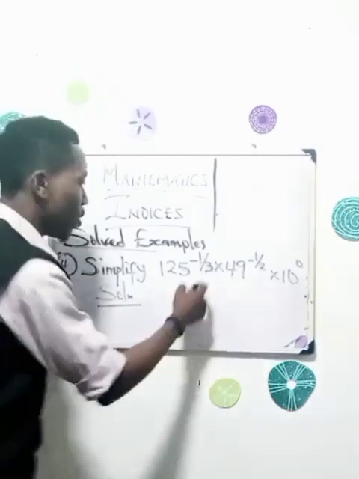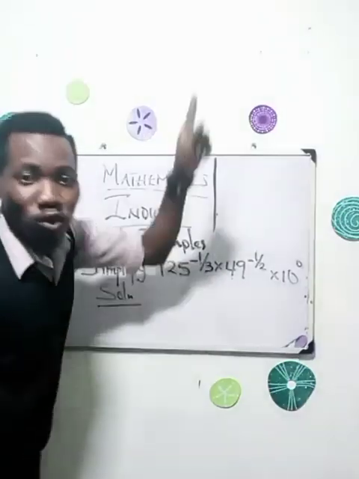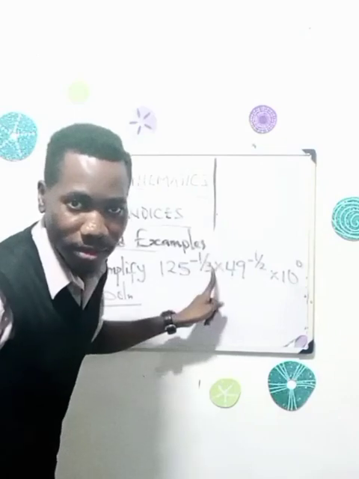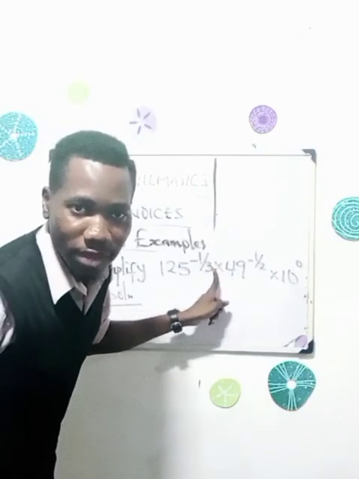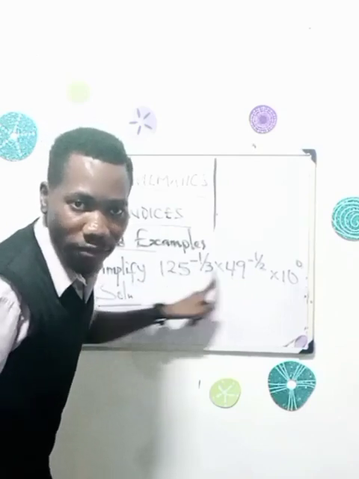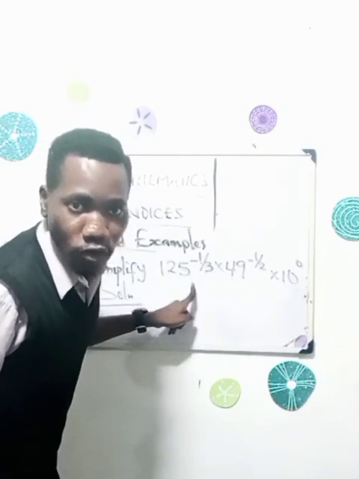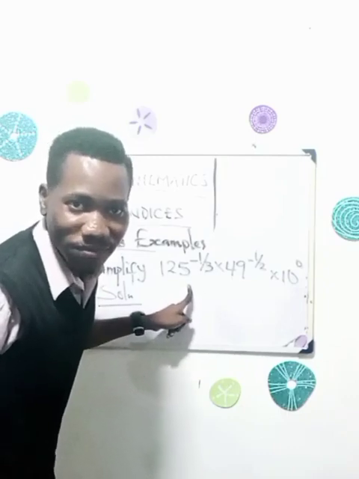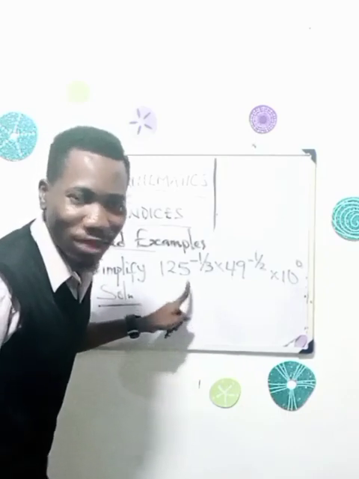Okay, because of the negative, you're going to have 1 over. Alright, so let's leave that aside. Let's focus on the 1 over 3. So raised to the power of 1 over 3, this 3 becomes the what? The root of this. So cube root, we have 3. That's 3 roots, which is cube root. So cube root of what? Cube root of 125.